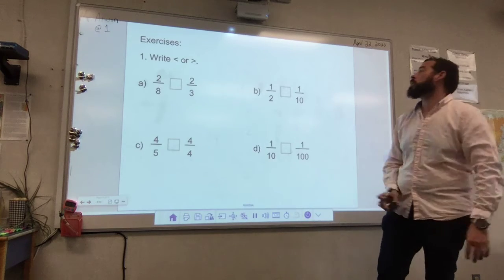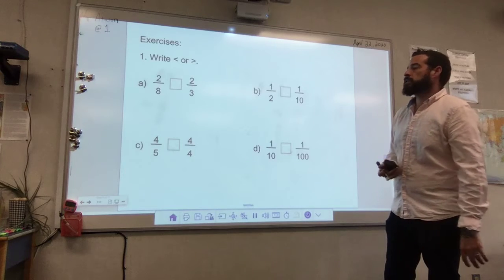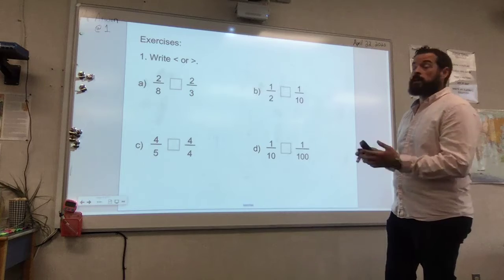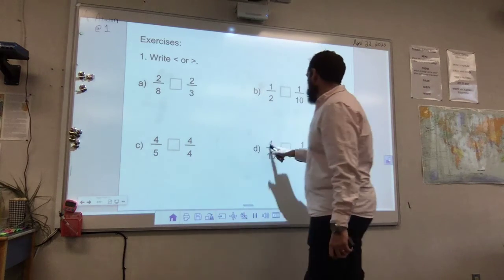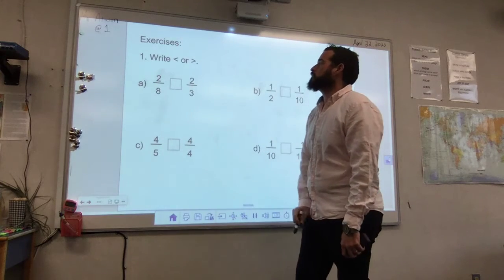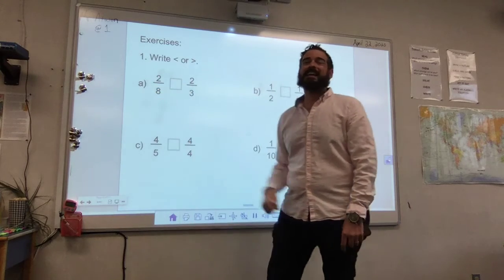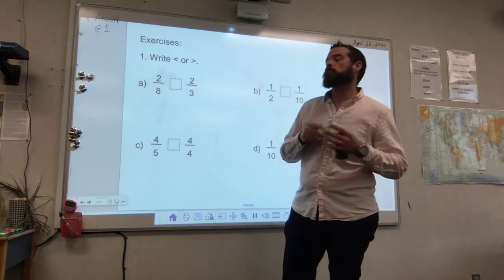Okay, let's look at the next one where we have 4 different exercises to do. And again, just writing less than or greater than. Notice all of these have different denominators, but our numerators are the same. So I've got 2/8 and 2/3. Since I've divided that into 8 parts, that means each part is going to be smaller.